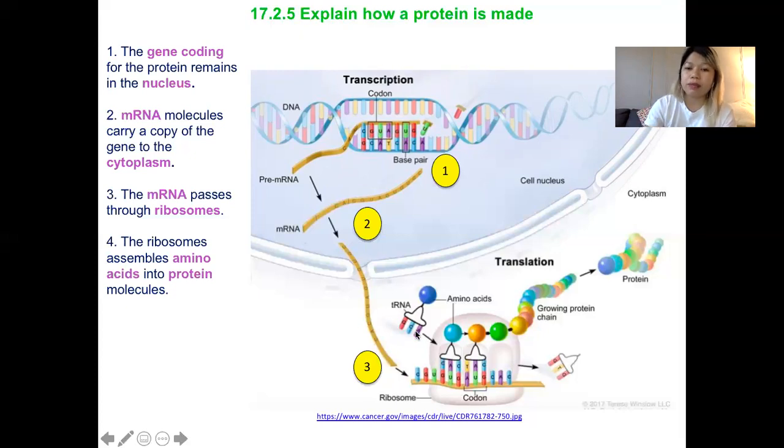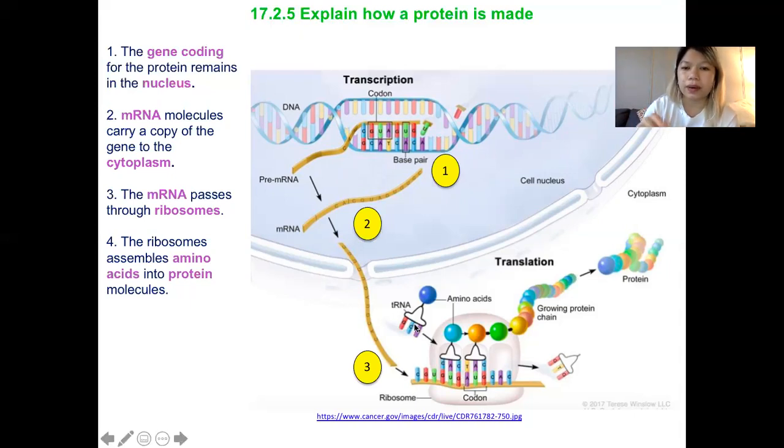It will bring over the amino acid and start linking them up together to make a protein structure. Well, first, remember, it makes a polypeptide, and then depending on the properties of those amino acids, they will bond together, or form together, to make that protein.